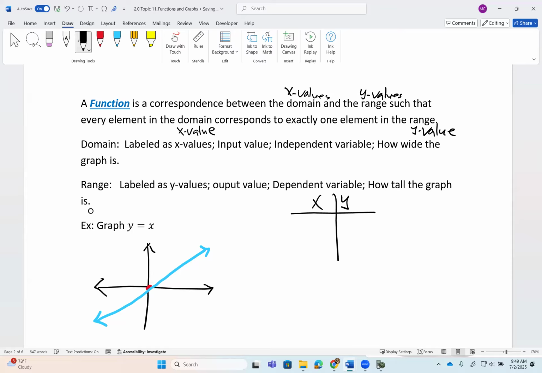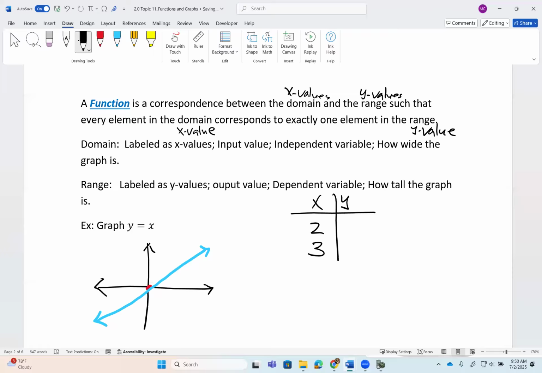So here's a scenario, okay? Every x corresponds to one y. So if I have an x value 2 and an x value 3, each has to correspond to one y value. But the tricky part is what it doesn't say: what happens when different x values correspond to exactly the same y value?